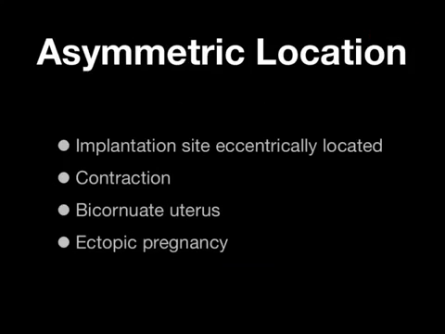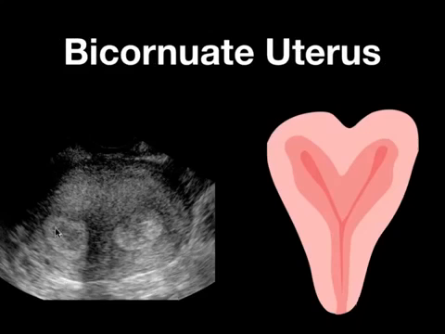There are a lot of things that can cause an asymmetric location. You could have an implantation site that's eccentrically located. You could have a contraction causing that appearance. You could have a bicornuate uterus, or you could have an interstitial ectopic pregnancy. Here we have a transverse exam of the uterus in a patient with a bicornuate uterus, and we're scanning at about this level right here.